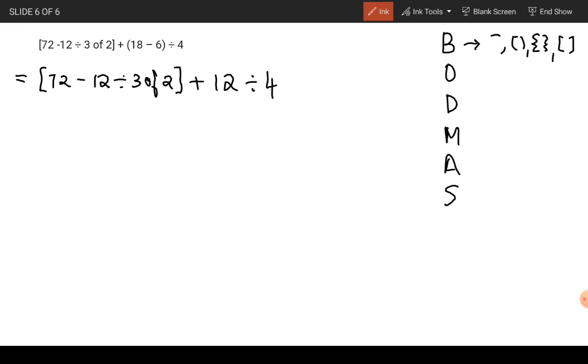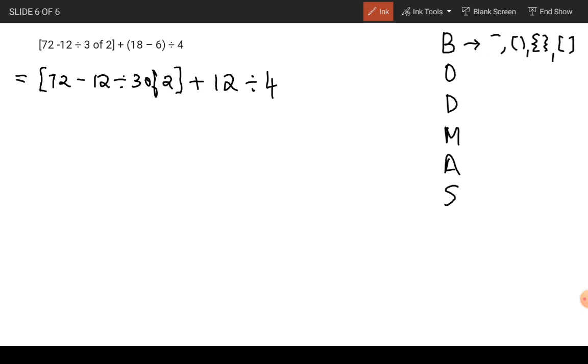Now in this line, as you can see, there is the square bracket involved. So you need to solve the square brackets first. Now inside the square brackets there are many different operations. There is a subtraction, there is a division, there is an of. So inside the square bracket I will again need to apply BODMAS.